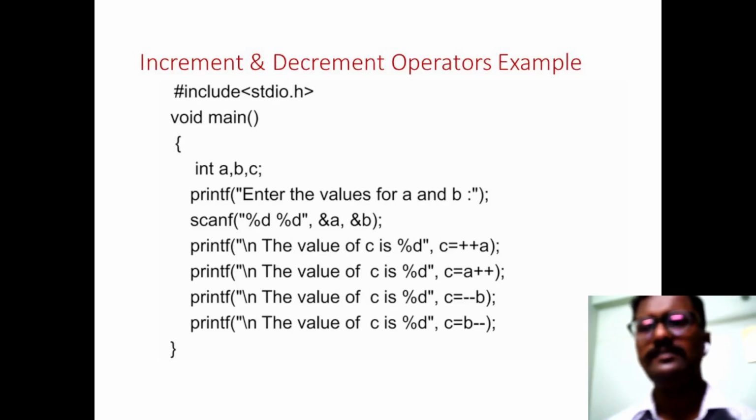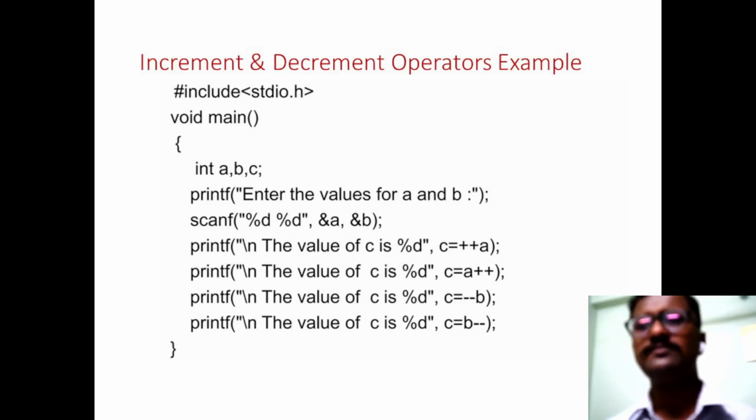In this line, the value of A is incremented by 1, and before assigning to C, the updated value of A is assigned to C. The operation performed is: A is incremented, then C is set to the new value of A. Okay, this is the pre-increment.